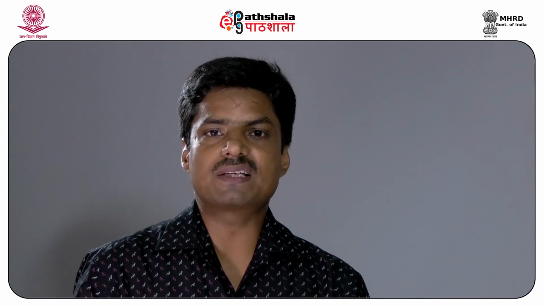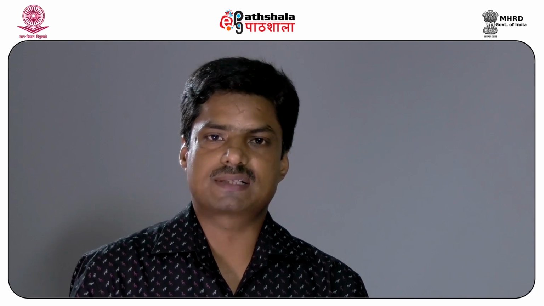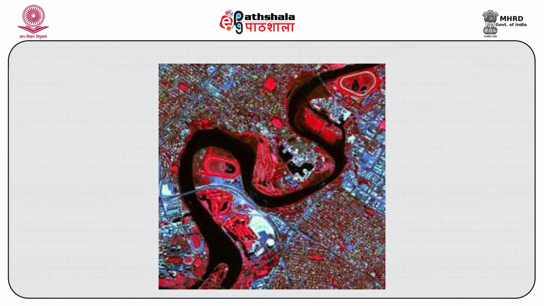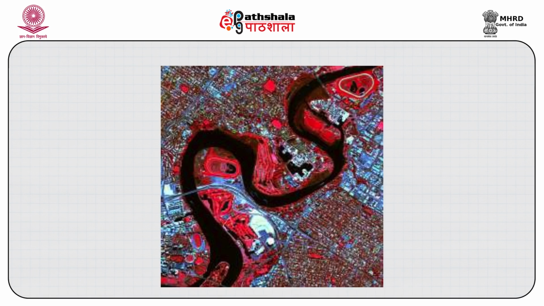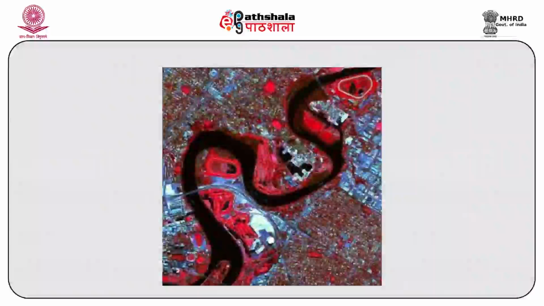We can identify the changes in urban areas with the help of the data collected with these scanners. Look at figure number 6. That is an image of an urban area and a river is passing through that urban area. This image is taken by the SPOT satellite of France, and with the help of this image, we can easily identify the objects in the image.